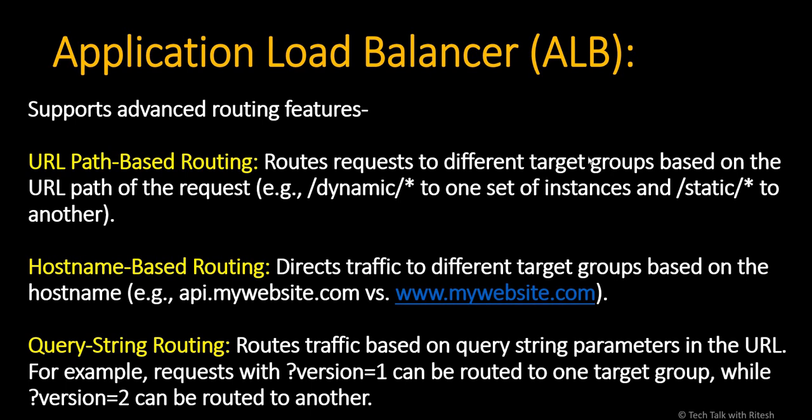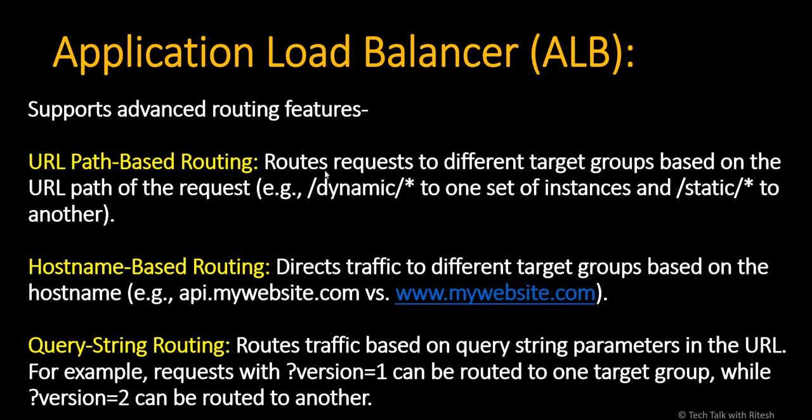So target group is nothing but we can create a different target group with these rules. So for example, path based rule, host name based rule, or query string based rule. And on basis of that rule, load balancer will route that request to the target group, and then target group will be associated with the EC2 instances, and that EC2 instance will serve the request.